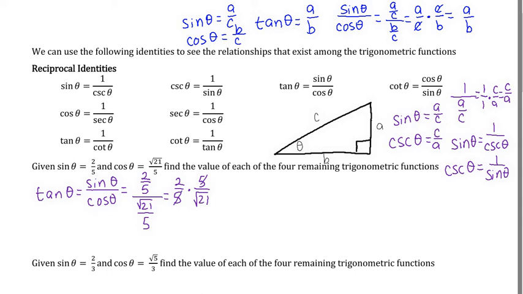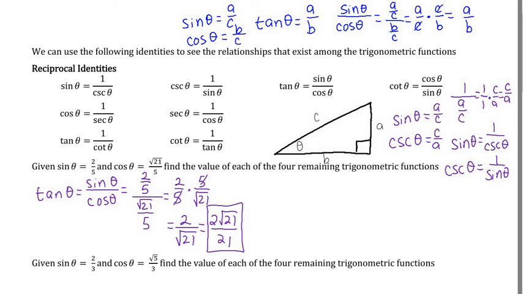Those 5s divide themselves out, and we have tangent theta is equal to 2 over square root of 21, which we cannot leave in that form. So that is equal to 2 square root 21 over 21. There's our tangent theta.